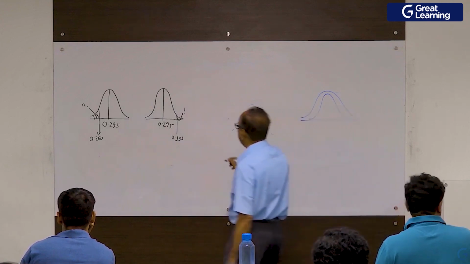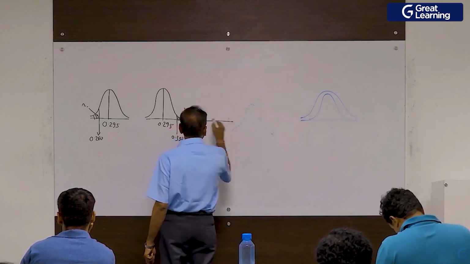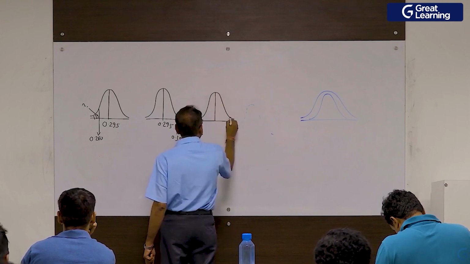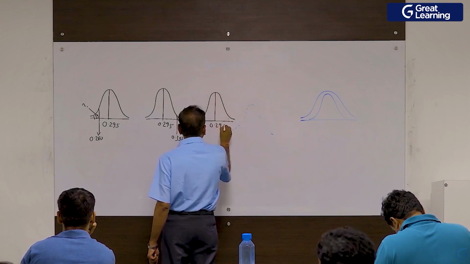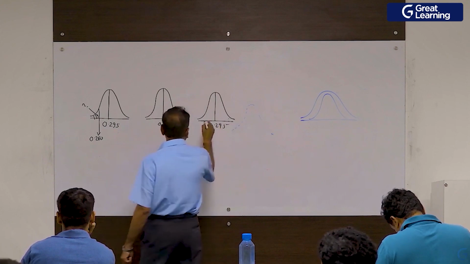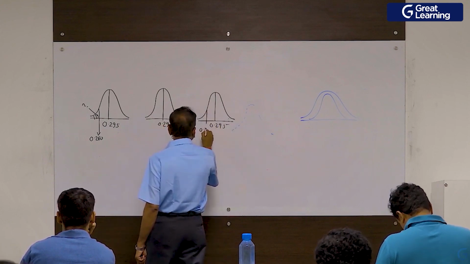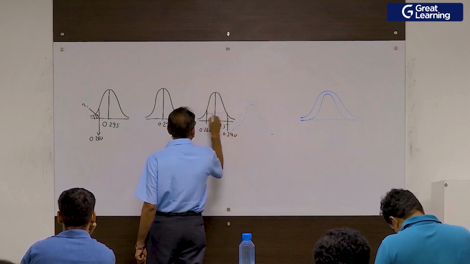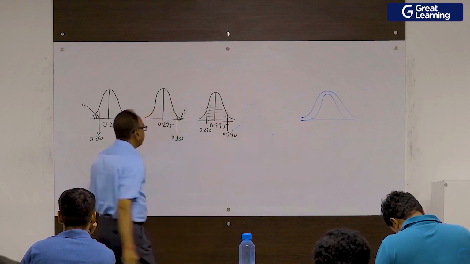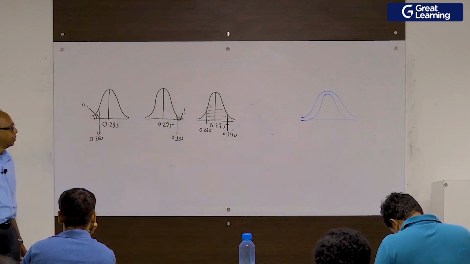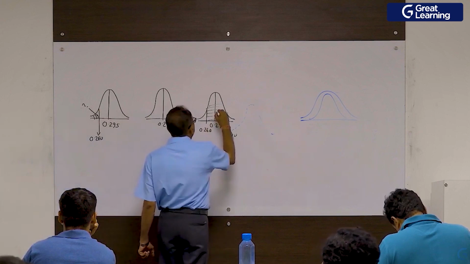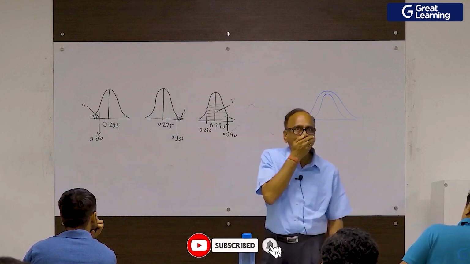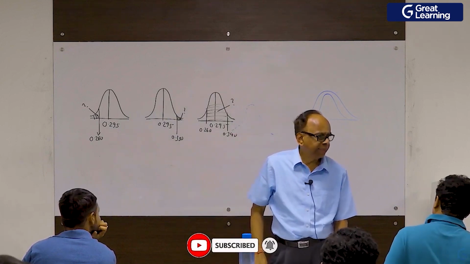The third situation is between 0.26 and 0.34. Let's say this is 0.260, this is 0.34. This area is wanted. If you answer this, you have done the normal curve. Am I right? This is the basic idea.